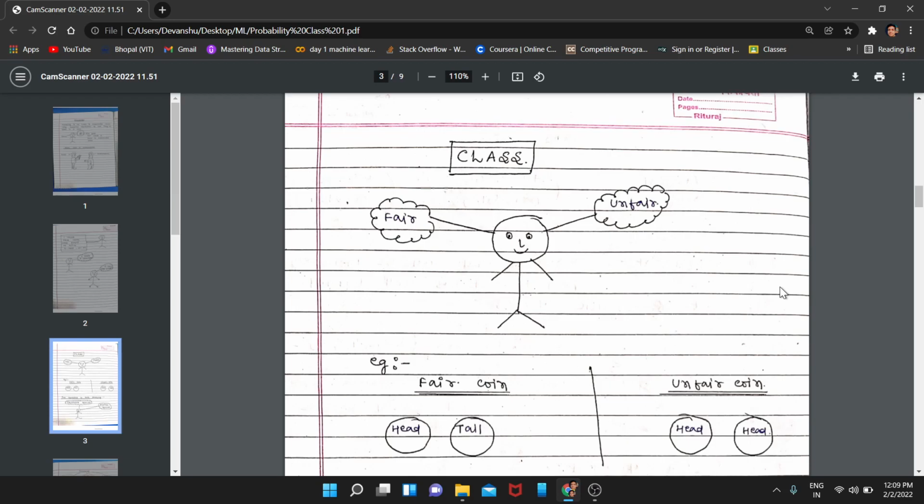These six numbers can come. But if in the dice only one number is given in all directions, then it is called unfair because that is unnatural. Every time one cannot come.